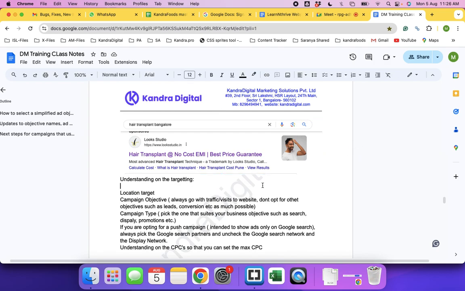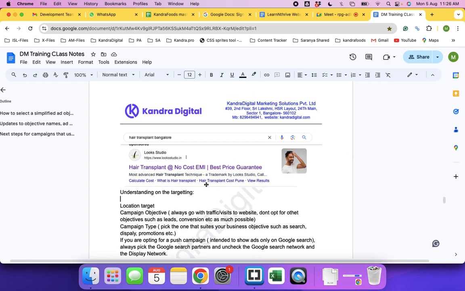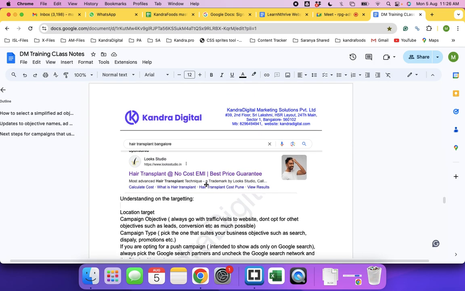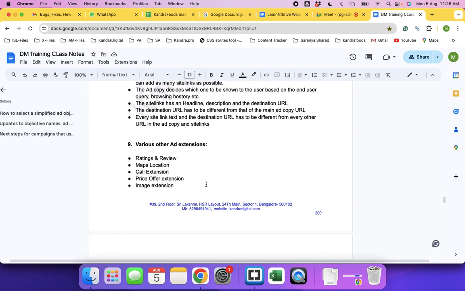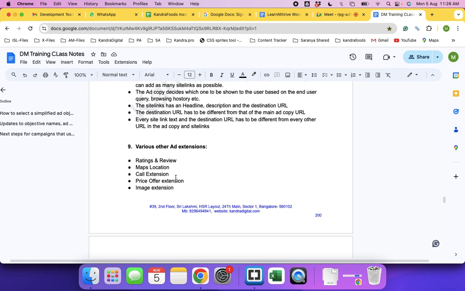You do so much. But this doesn't contain phone extension. Phone extension usually will be displayed on mobile. Okay, so what I'll show you. Call extension usually displayed on mobile devices. Okay.